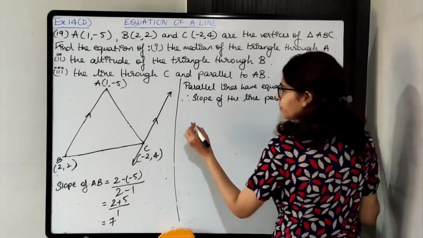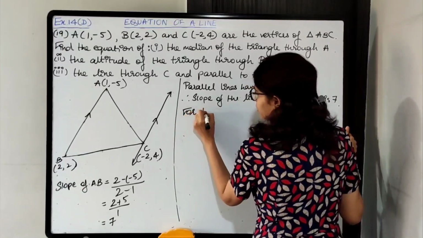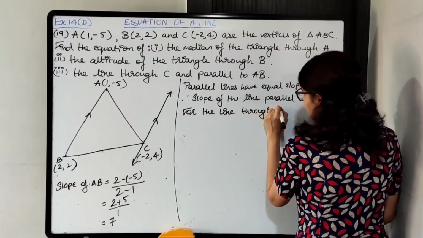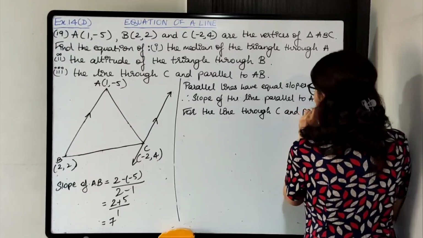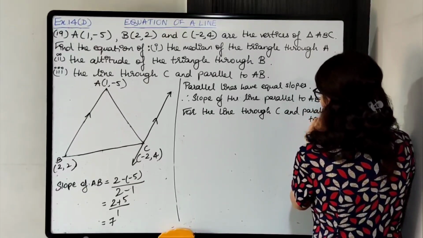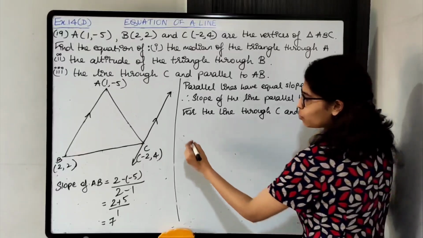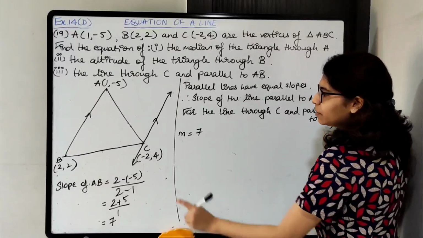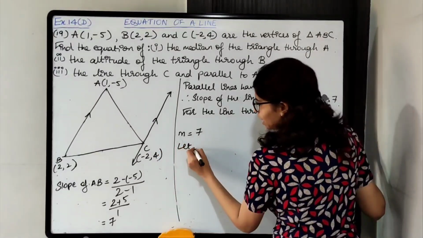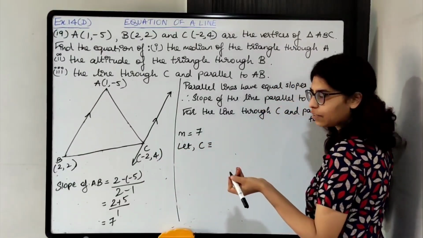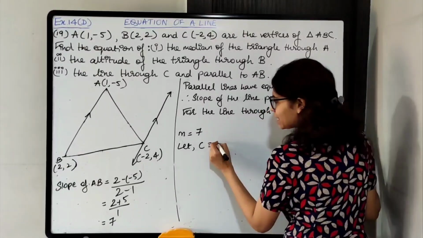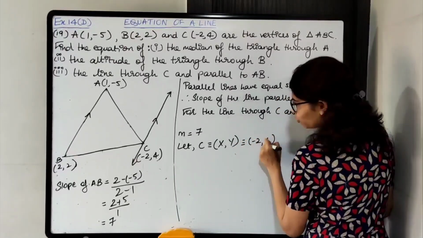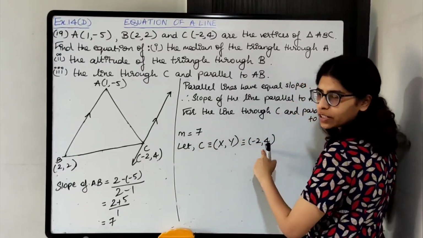So write down for the line through C and parallel to AB, we know slope is 7. We just found the slope. Okay. We have C's coordinates. So write down let C be x1 y1, instead we will take capital X capital Y. So it is minus 2 comma 4. So we have the coordinates, we have slope.